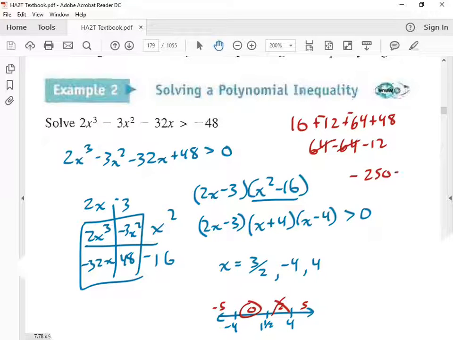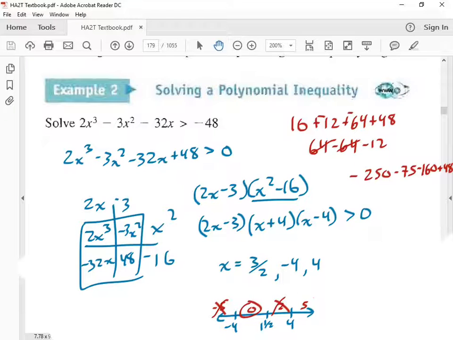But that's a negative, so it's a negative 75. Oh, that times 5? Negative 160. And then what's the last one? Plus 48. Okay, we could probably decide if this is greater than or less than 0 just by looking at it. Yeah, that's for sure less than 0. So does negative 5 work? No, cross that out.